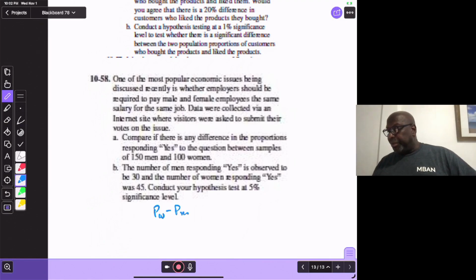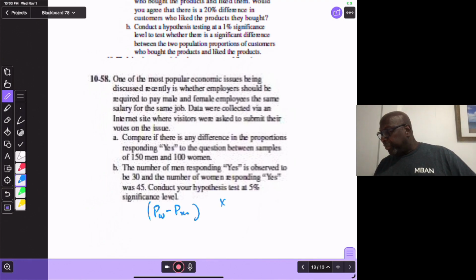The reason I took the difference in that fashion is because I'm looking for a positive difference to work with. And I could tell that clearly 30 over 150 would be less than 45 over 100. All right? So let's grab a couple of things.